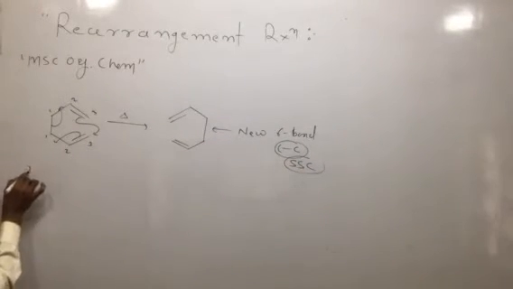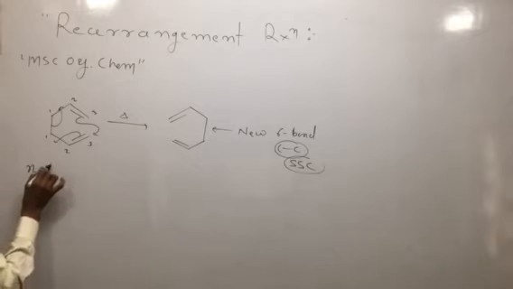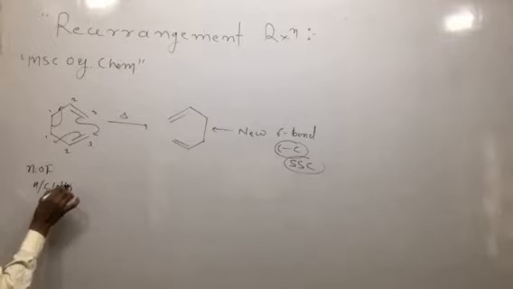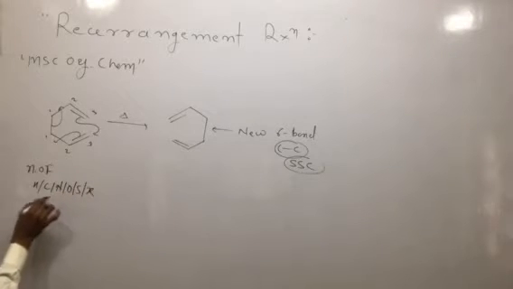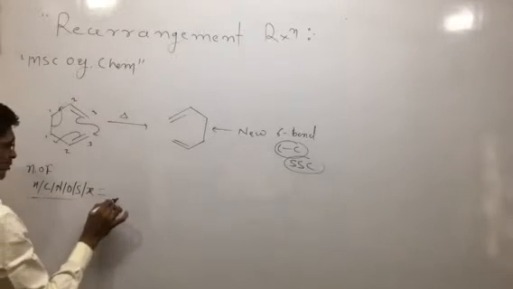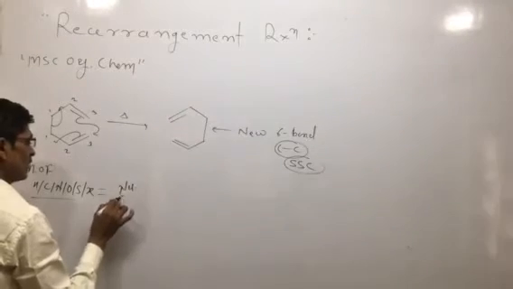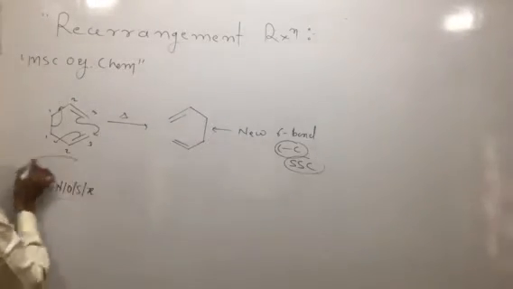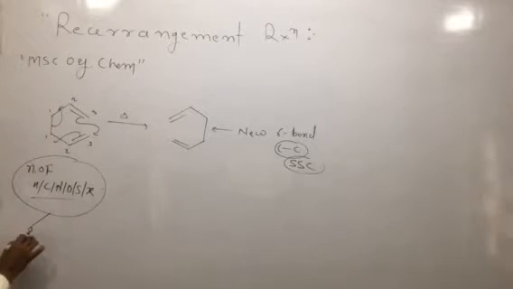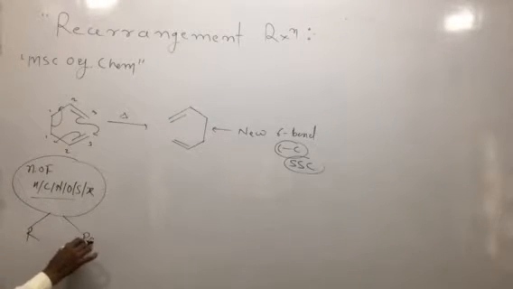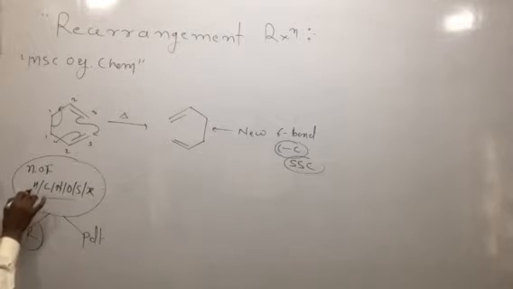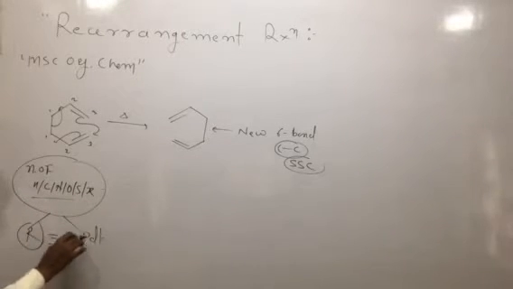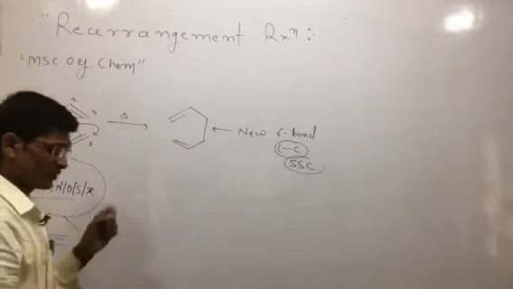Keep in mind, the number of carbon, hydrogen, nitrogen, oxygen, sulfur, halogen atoms is equal in reactant and product. Means the number of carbon, hydrogen, oxygen, nitrogen, sulfur atoms in the reactant will be the same in the product.